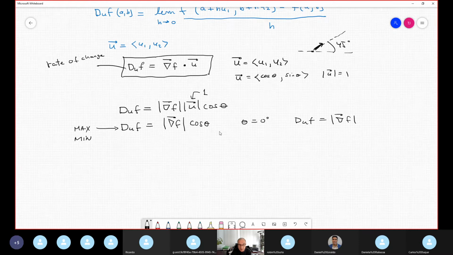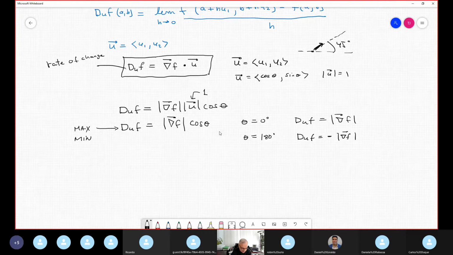I want to explain in detail this idea. However, the minimum is when theta is equal to 180 degrees, pi. So the directional derivative is minus the gradient.